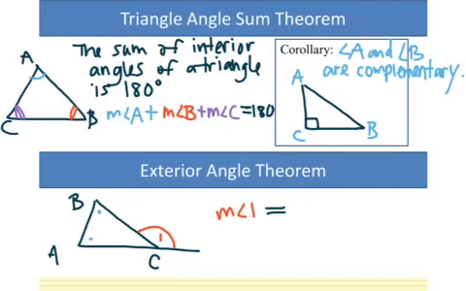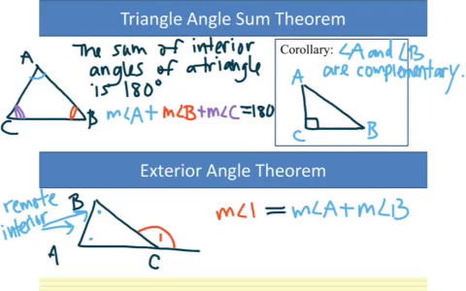We call those the remote interior angles. So those two angles there are the remote interior angles. Okay, so the measure of angle 1 equals the measure of angle A plus the measure of angle B. All right, that is the exterior angle sum theorem.